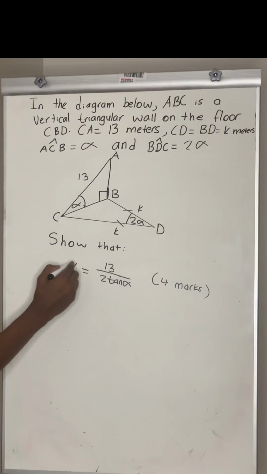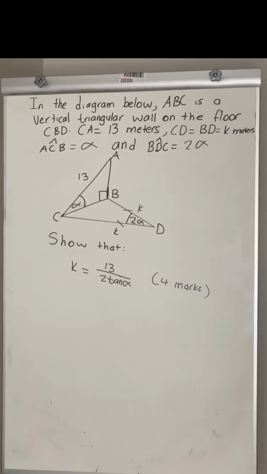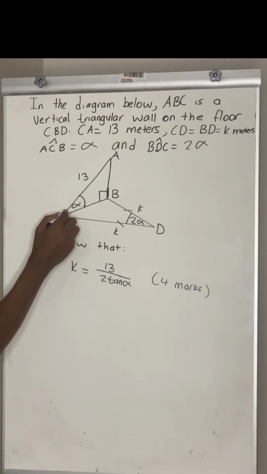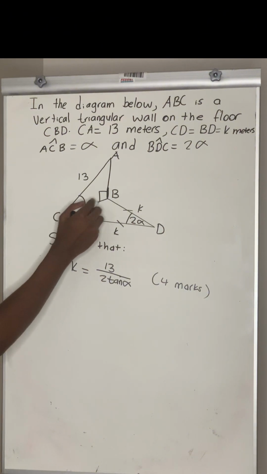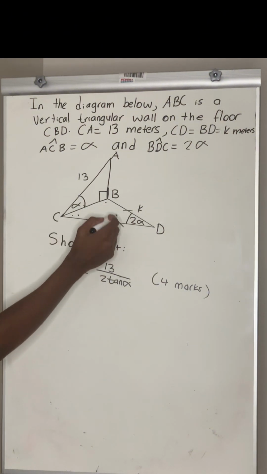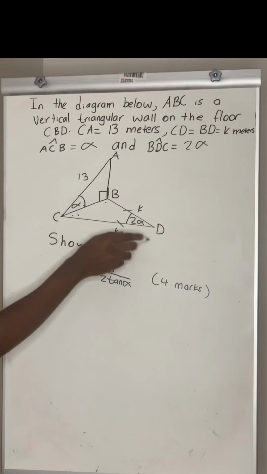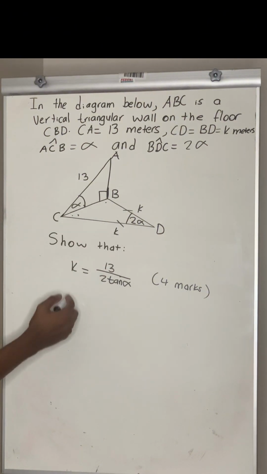So we're asked to show that k is equal to 13 over 2 tan alpha for 4 marks. Now what can we do from here? We need to find the value first of these two base angles over here. You can see this is actually an isosceles triangle because CD is equal to BD. So we have to find the value of angle BCD and angle DBC.